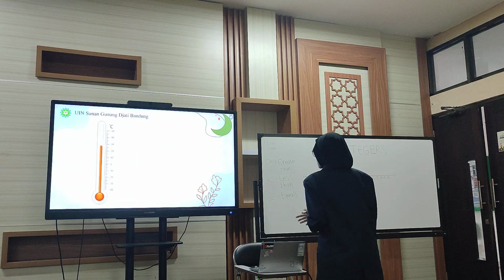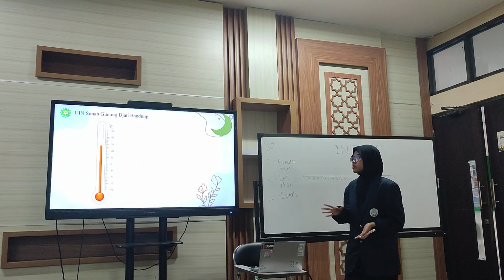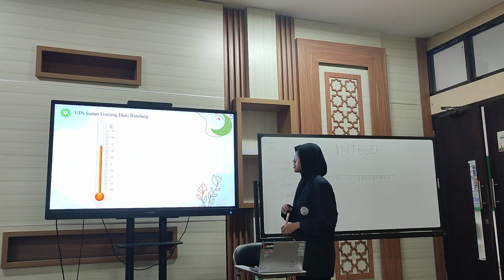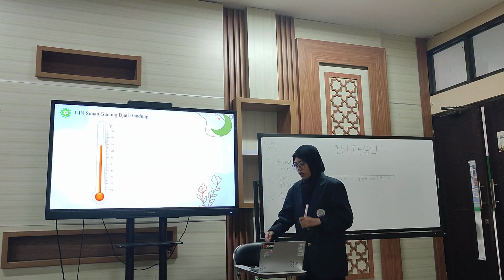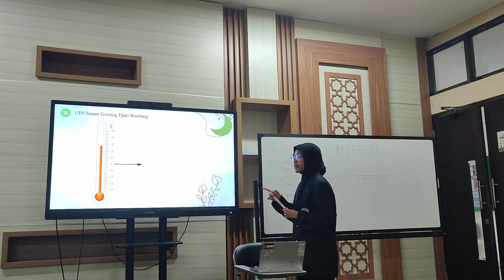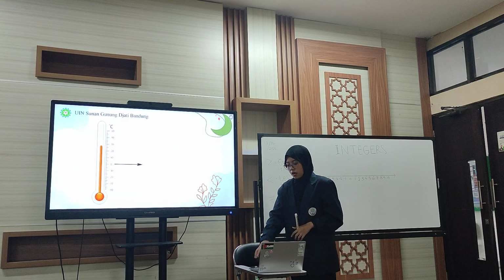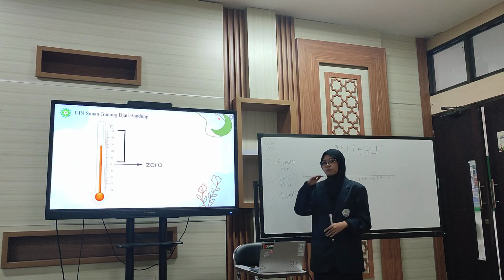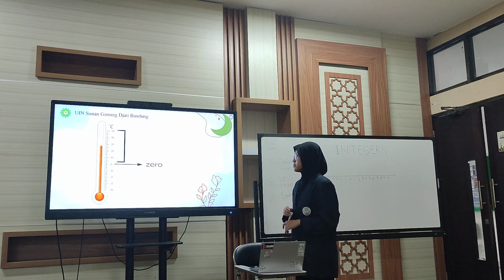The numbers in the thermometer are integers. In integers, there are 3 different types. The first type is right in the middle. We all know that it is the number 0. The second type is above the 0, starting from 1.